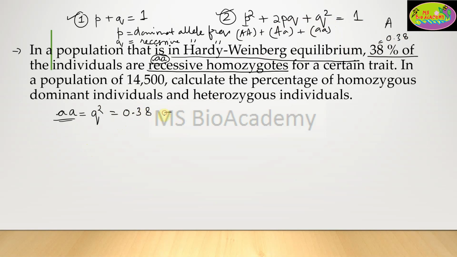So you can calculate the value of Q, that is the frequency of the recessive allele, from here. That is by taking the square root of 0.38, which will come to some 0.616. So you get the value of Q, which is 0.616. Now how to calculate the value of P, which is the dominant allele frequency? Just simply use the first formula.